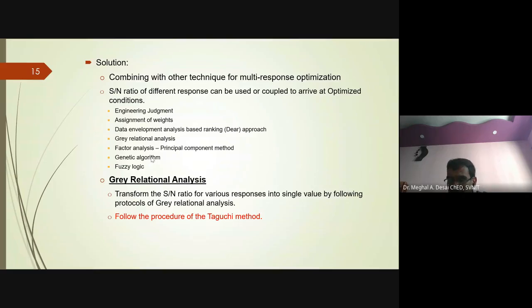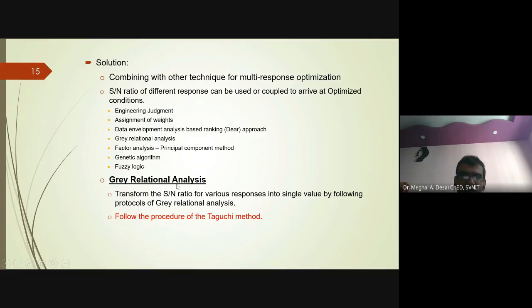The reason is it has gained quite good acceptance in the research community. Apart from Grey relational, I have seen fuzzy logic and genetic algorithm also, but I do not have expertise in these two. What I know somewhat is Grey relational analysis. In Grey relational analysis, the basic idea is to combine all the signal to noise ratios into a single value.